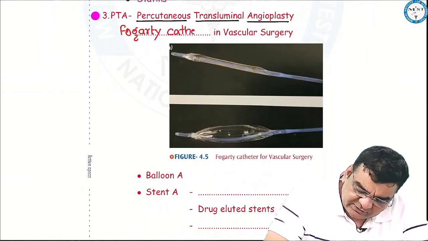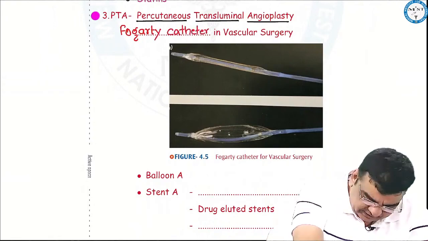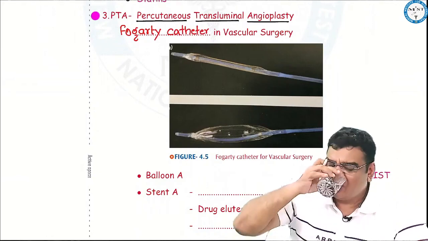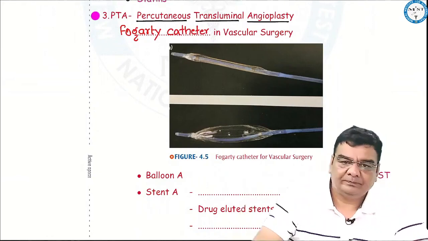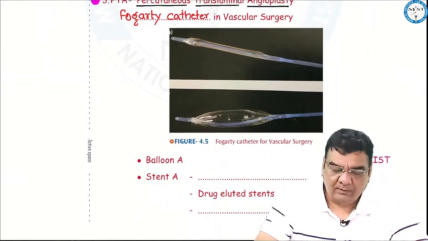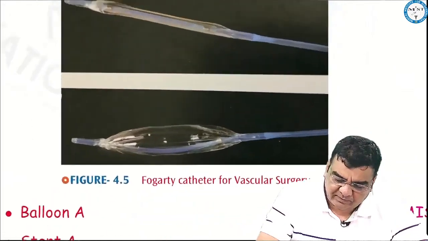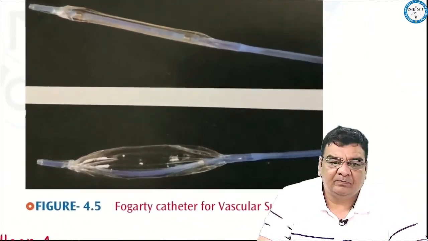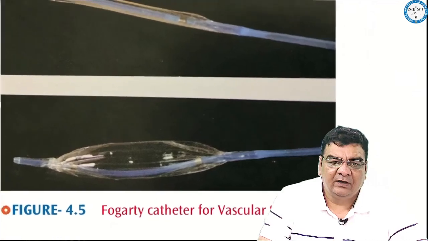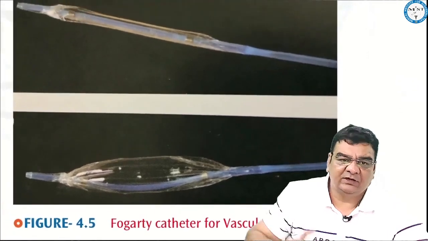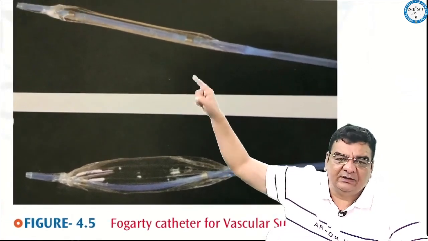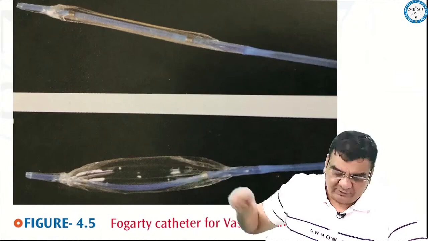Fogarty catheter is used in vascular surgery. As you can see, this is the Fogarty catheter. Can you appreciate the balloon? This is the collapsed balloon state and this is the inflated balloon state.